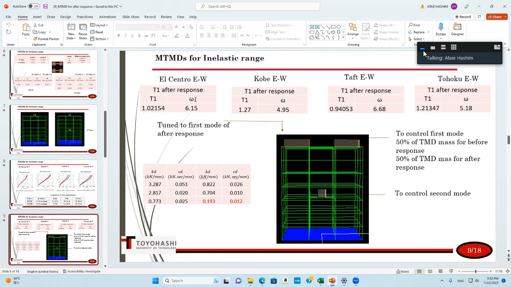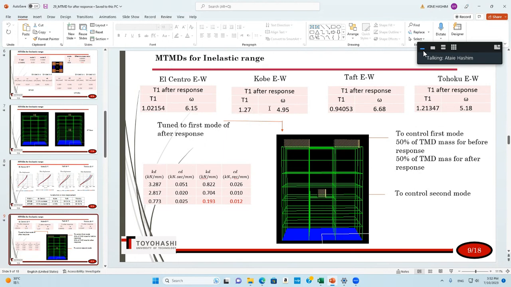So in the Stero output there are eigenvalues after response. You remember, it is after El Centro, T1 after response. It depends on different earthquakes.